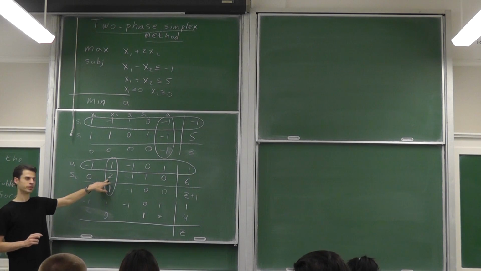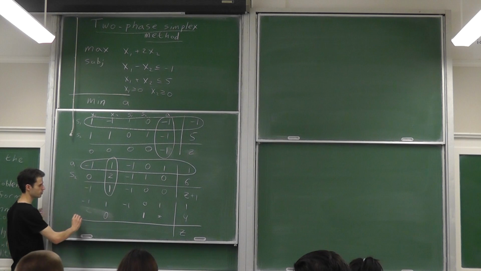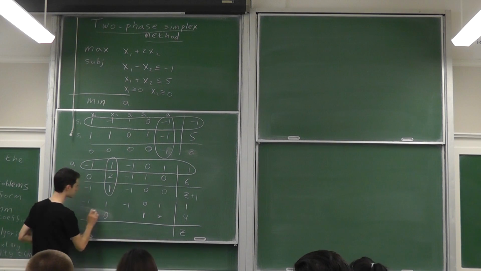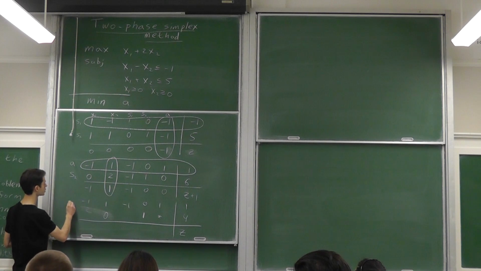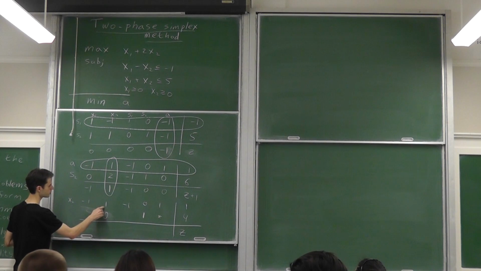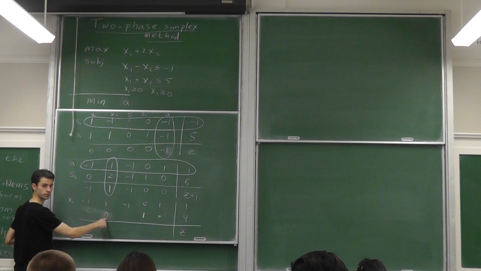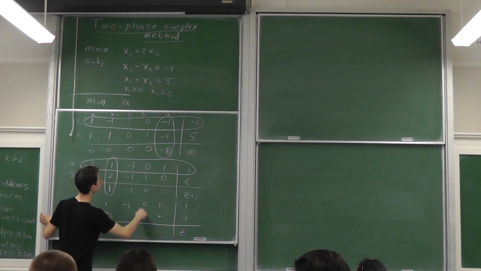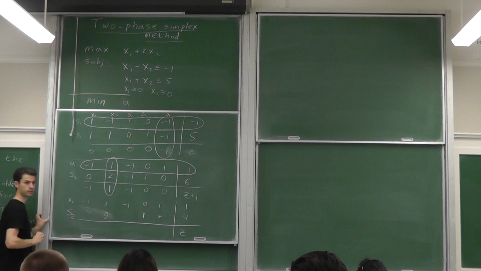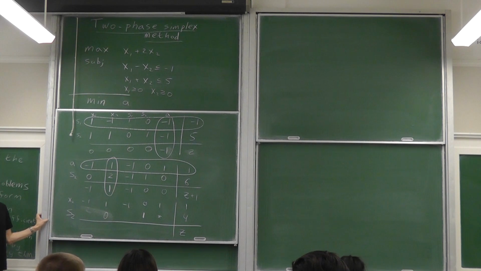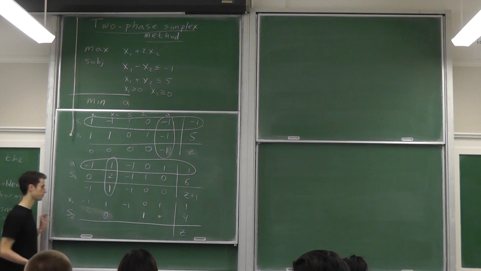In fact, this is all I need. So without computing the other numbers, I already can write down the solution. So this corresponds to x2. This basic variable corresponds, I go to here to s2. And all others are non-basic, they must be 0.